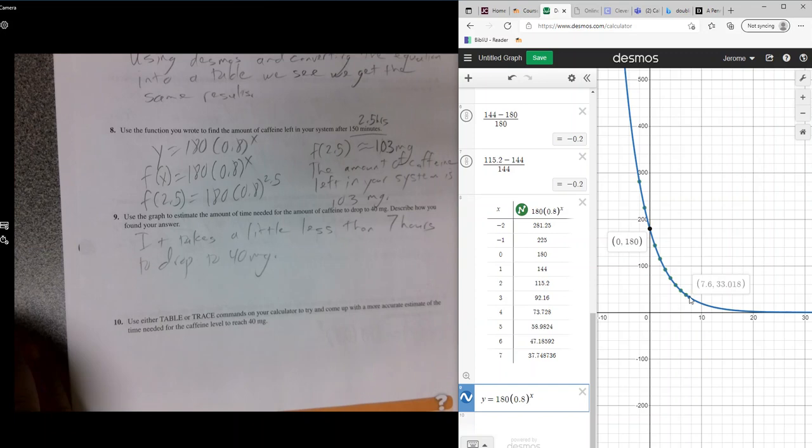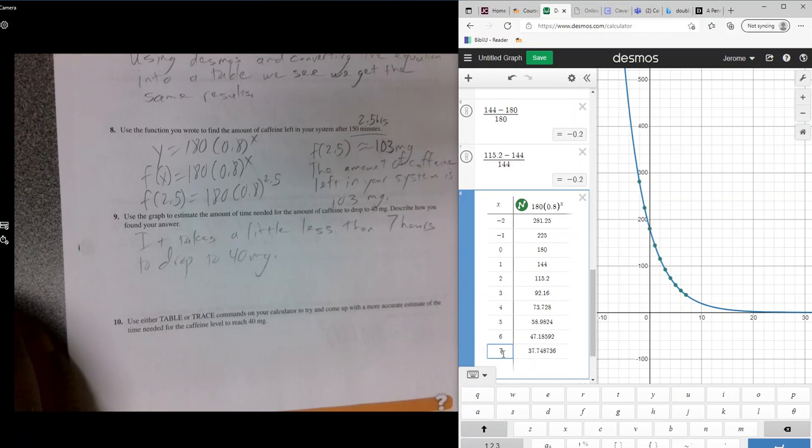So we got it at 6.7. What we could do here is play on this table, if it'll let me. Sorry about that. For some reason, the computer is acting a little finicky.